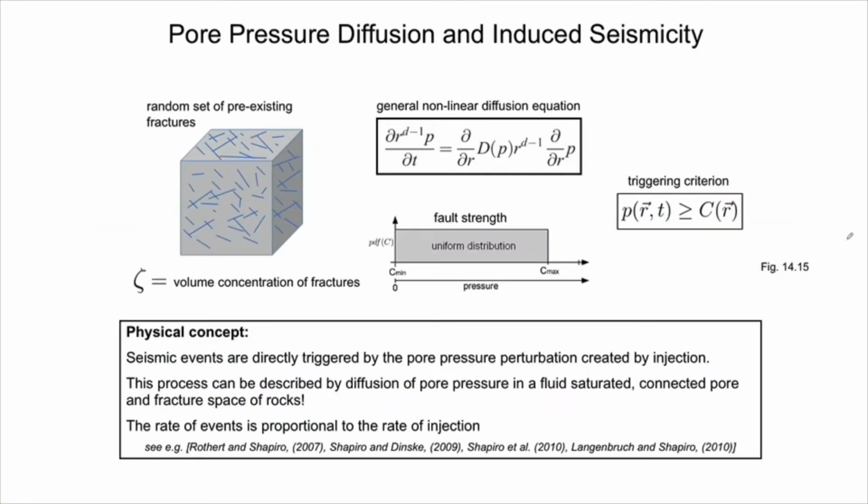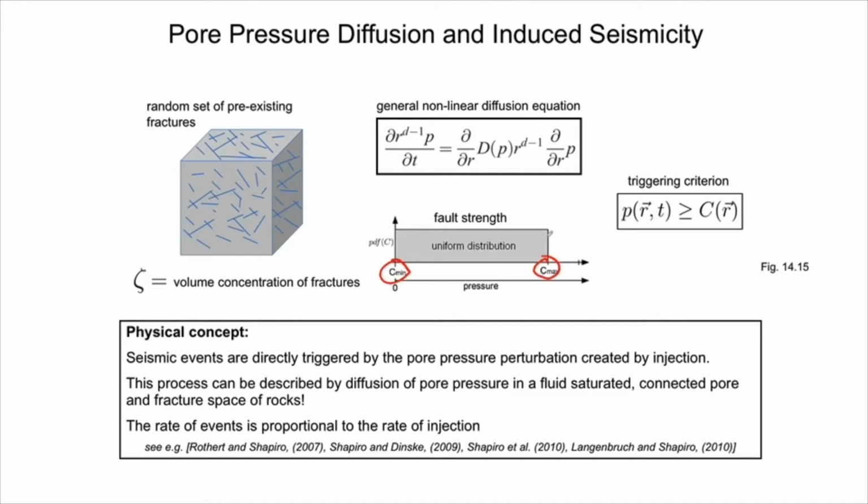Now, one reason I was drawn to the seismogenic index model is that it's based on physical processes that I think are quite relevant. It assumes there's a random distribution of fractures and faults in the crust. I think that's a good assumption. They assign to those fractures and faults a distribution of fault strengths from a very weak fault to a very strong fault.